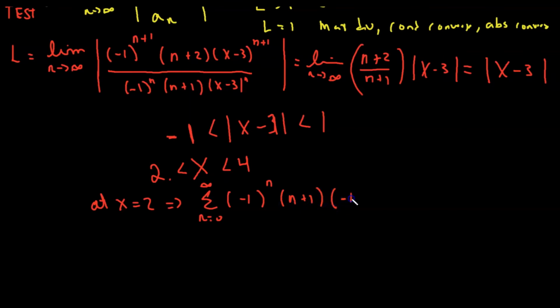So we got negative 1 in here, x minus 3 to the n. And that just equals summation n equals 0, n plus 1. And now, if we just evaluate this at the limit as n goes to infinity, we see that it will diverge.